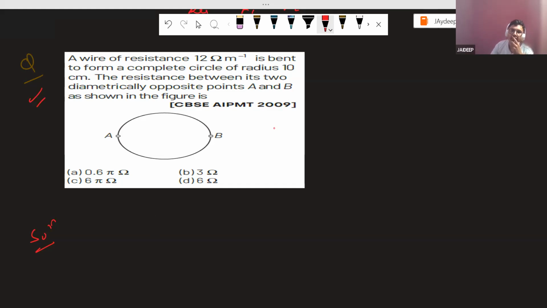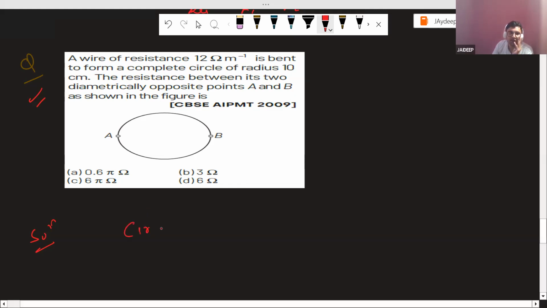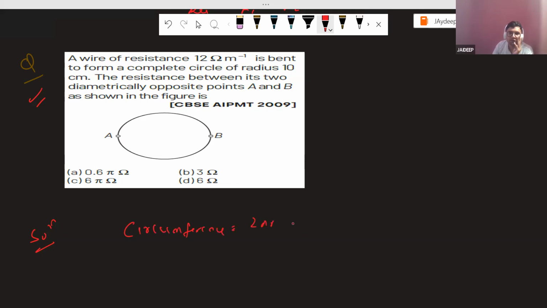First of all, we have to calculate the total resistance. So 1 meter wire has 12 ohm resistance. First of all, you have to calculate the total length, that is circumference, 2 pi r. So what is 2 pi into what is r?